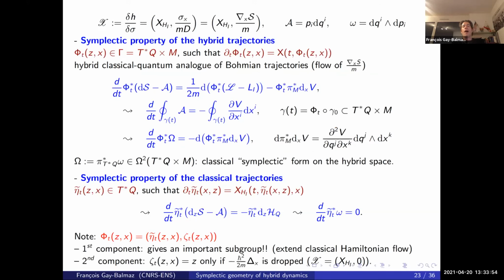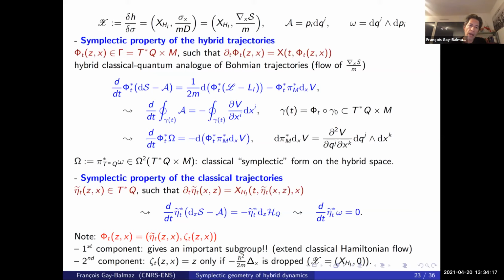So now that we have a hybrid vector field, what about its flow? What are the geometric properties of this flow? If we were doing just classical mechanics, the flow would be a symplectic diffeomorphism, giving the classical trajectories of the system. If we were doing quantum mechanics, this would be the Bohmian trajectories.